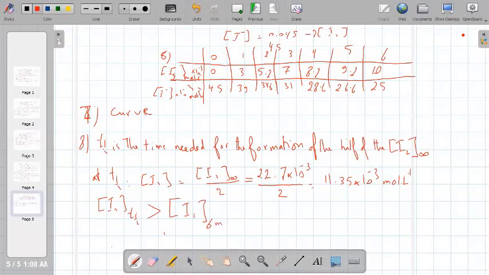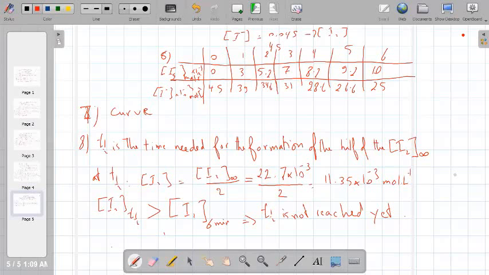It didn't reach. Then the half-life time is bigger than 6 minutes, therefore T-half is not reached yet.